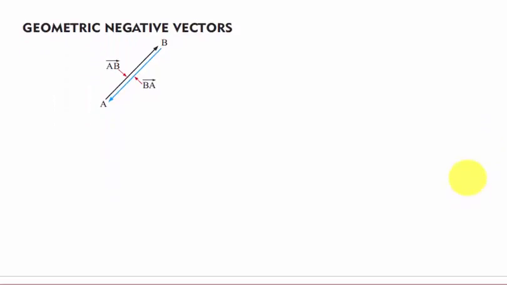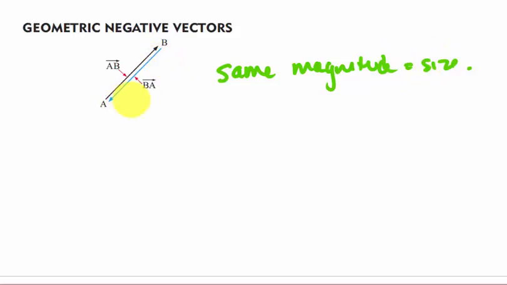Now, if we have a vector, we can always create its negative vector where it has the same magnitude, so it's the same size, and it is the opposite direction. So here's an example of AB. The way that it's identified as a vector is with the arrow over top.